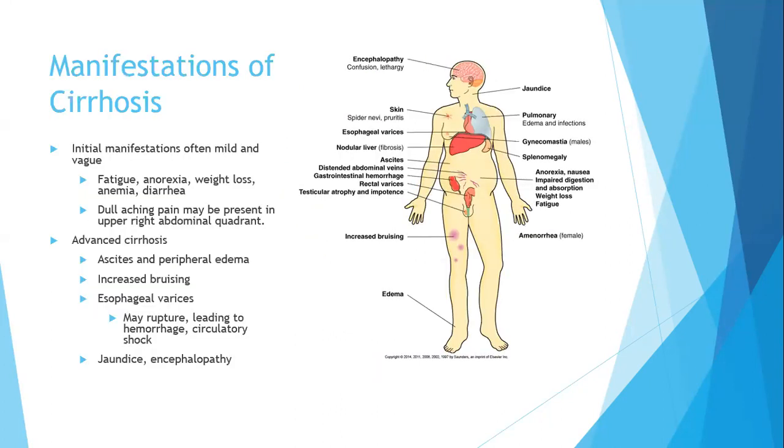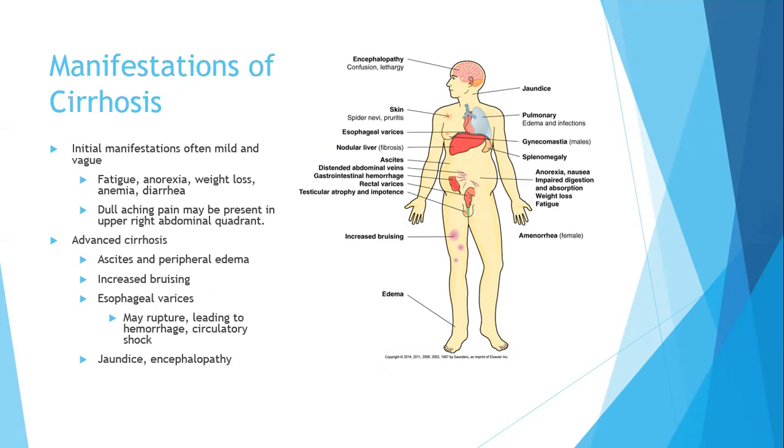So the initial manifestations are vague. Like I was saying, it's everything: fatigue and anorexia and weight loss and anemia. Well, maybe not anemia, and diarrhea. Dull aching pain can be present in the right upper abdominal quadrant, which is where the liver is.